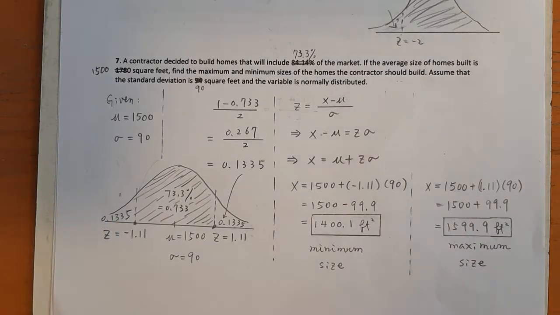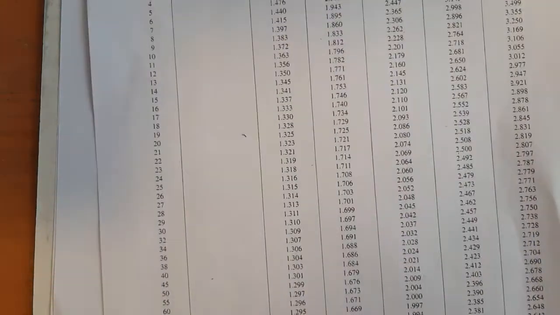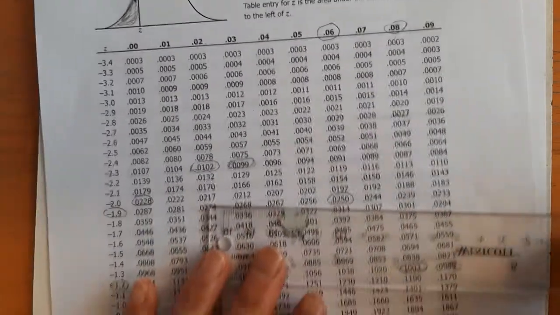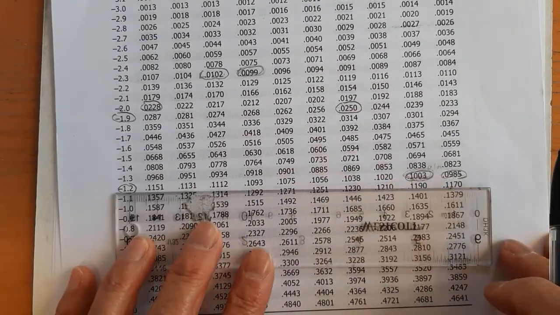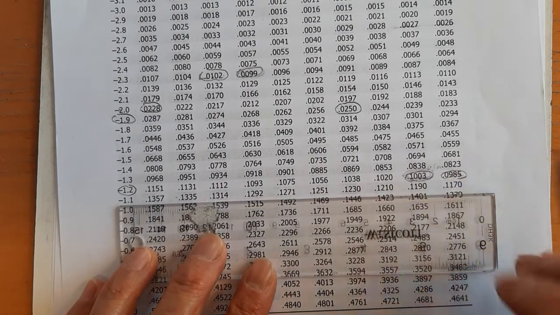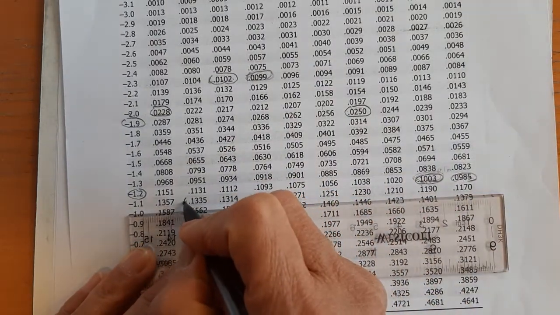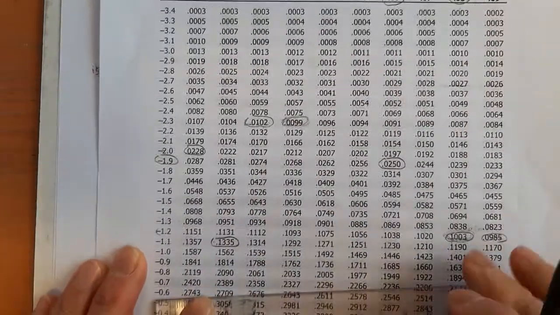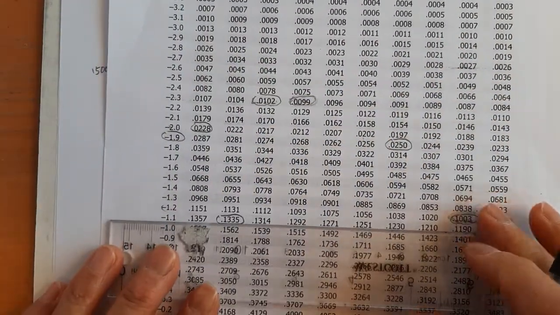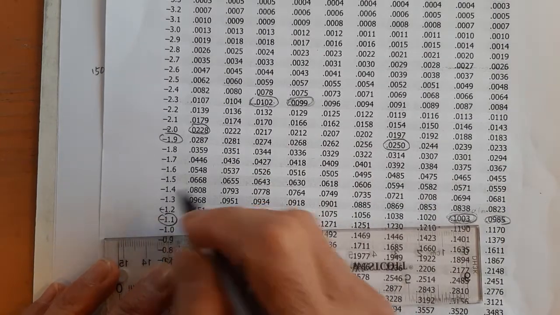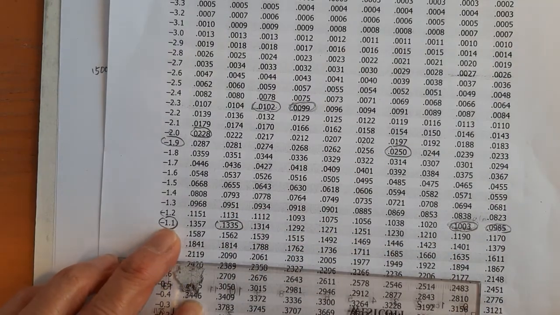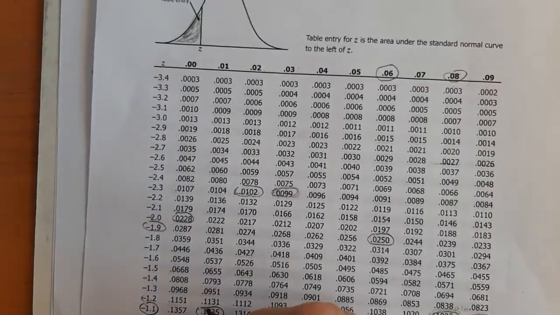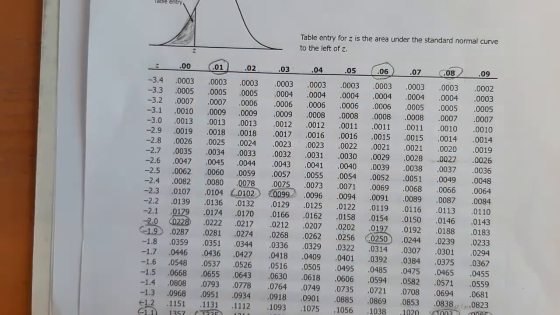0.1335, look at the table and you can get the Z-score. Here 0.1335, this one. To the left, you get negative 1.1. Go to the top, you get 1.